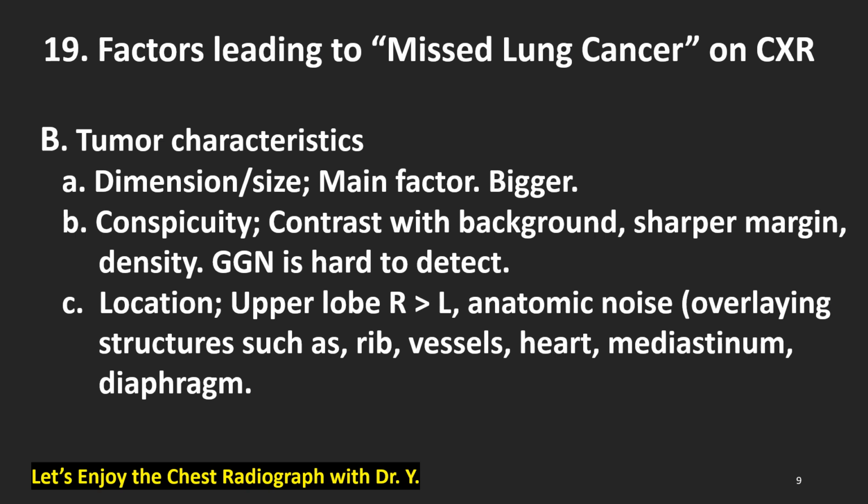C. Location. Upper lobe lesion is hard to detect, especially the right side, harder than the left side. Anatomic noise is so important: overlying structures such as ribs, vessels, heart, mediastinum, and diaphragm.